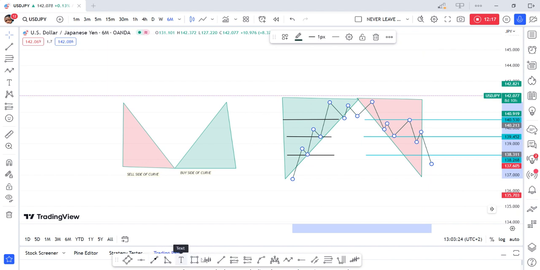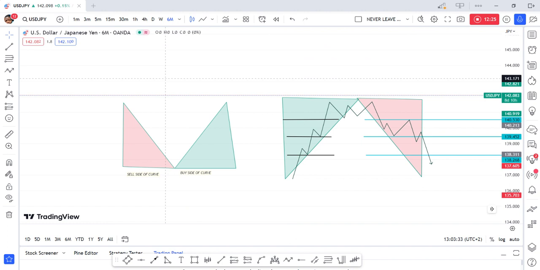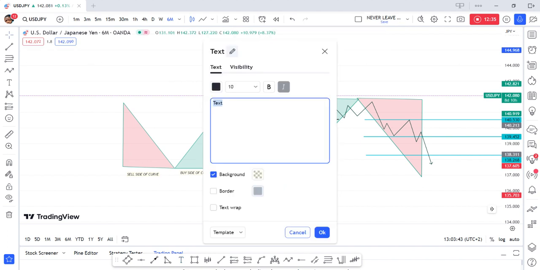So these are the reclaimed order blocks. Why is this not working?